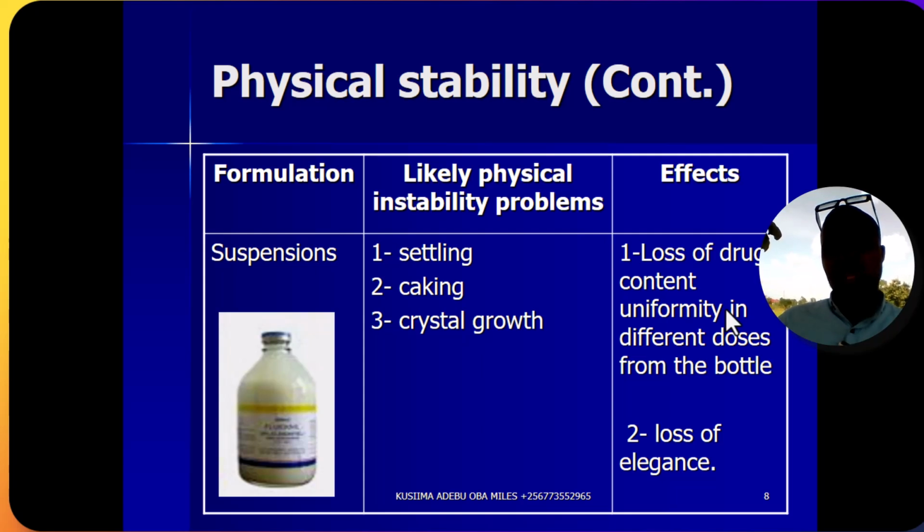You find that the content of the drug is not uniformly distributed. In other words, the product is not homogeneous. That's why we said last time that when we prepare emulsions or suspensions, we add suspending agents like CMC, and emulsifiers in emulsions, to stabilize the product. Once the product loses its uniformity, regardless of whether it's a suspension or an emulsion, it has become unstable. Those are some of the instabilities.